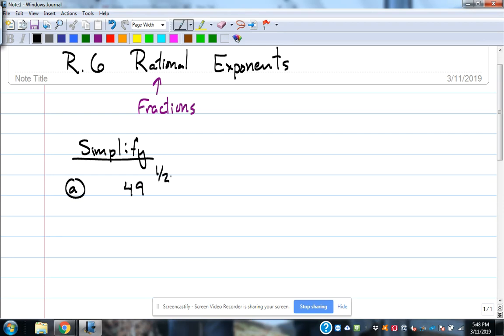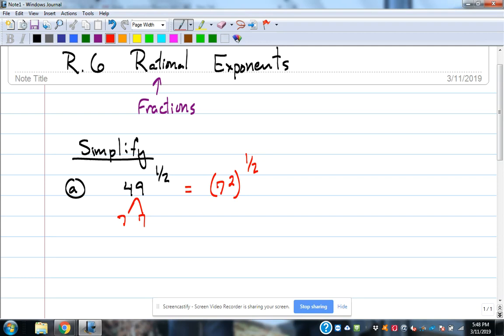49 to the 1/2 power, what we want to do is think about rewriting 49. And we know if we do a factor tree for 49 that that's 7 times 7, right? So that would be 7 squared to the 1/2 power. So instead of writing 49, I'm writing it as 7 squared because that's what 49 is.